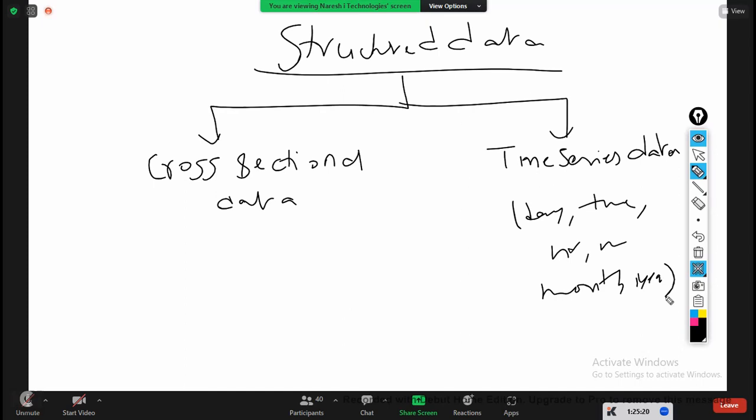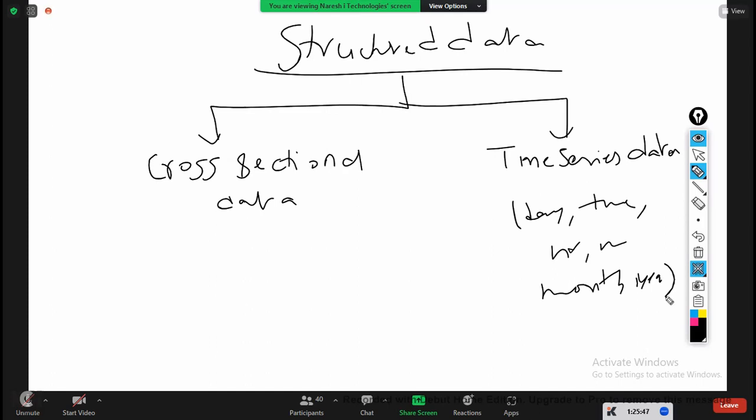So time series data has to be analyzed separately, using time series analysis. For example, if we want to predict the stock market for a particular share, say the Infosys share price, then we apply time series analysis. If there is no dependency on time, then we work on cross-sectional data. For example, I want to predict the traffic at Ameerpet.